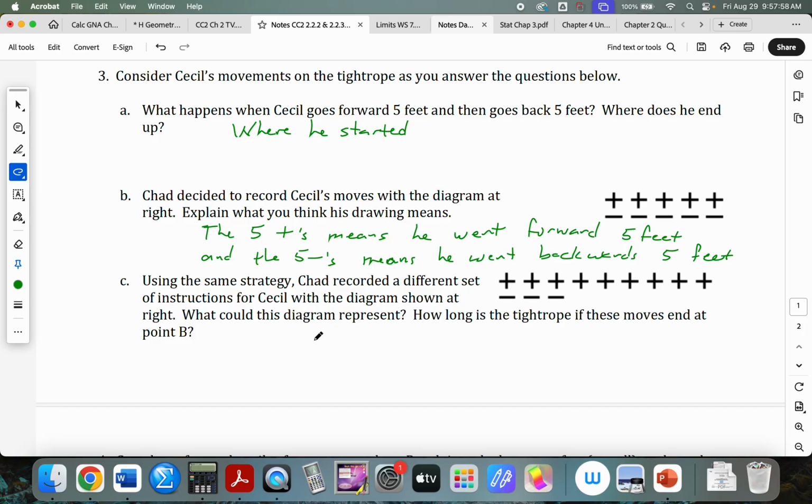So, using that same strategy, Chad recorded a different set of instructions for Cecil with the diagram shown at the right. What does this diagram represent? Well, how far did he go forward? How much? 9 feet?